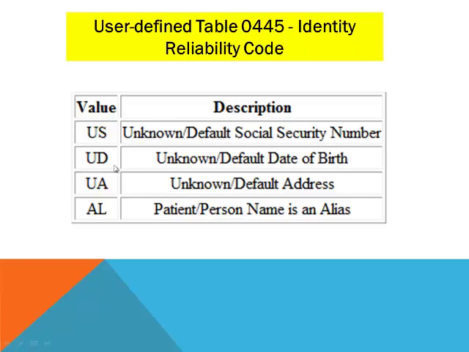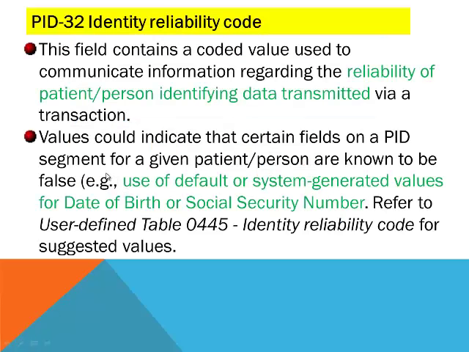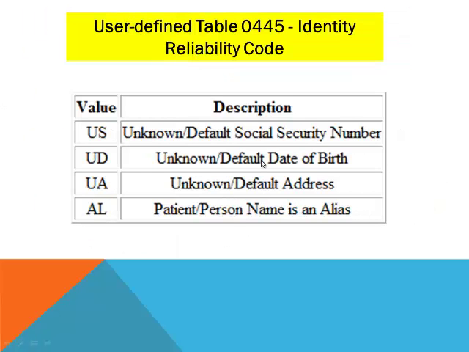UD means unknown, default date of birth. UA means unknown, default address. AL means patient person name is an alias. So this kind of value can be filled in field 32. Then we know what kind of these things happen.